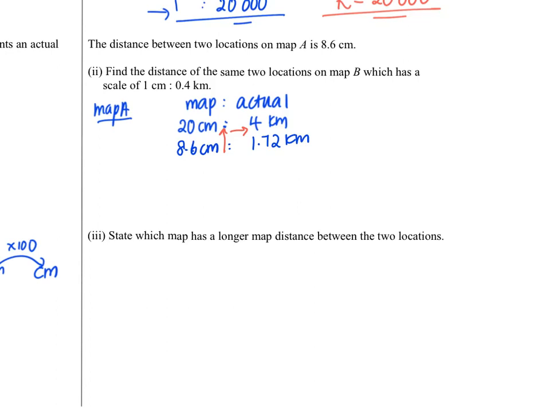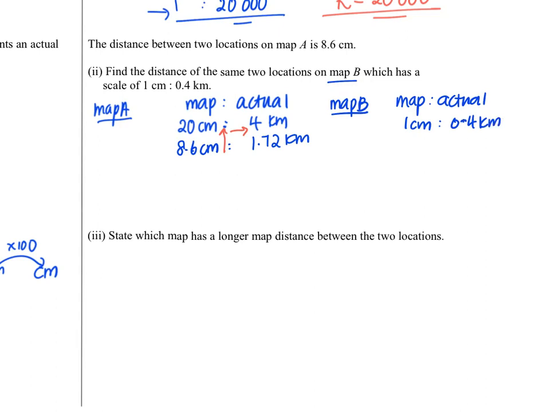Find the distance of the same two locations on another map B. Also now I have another map B, but now you have a scale of 1 cm is to 0.4 kilometers. So map is to actual, 1 cm, 0.4 kilometers.